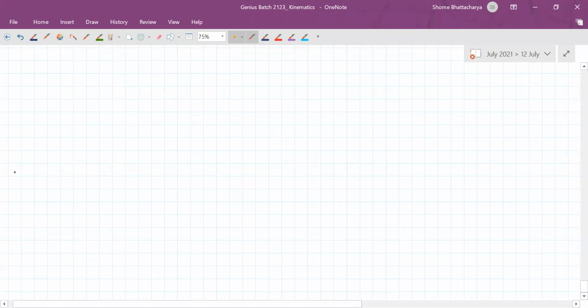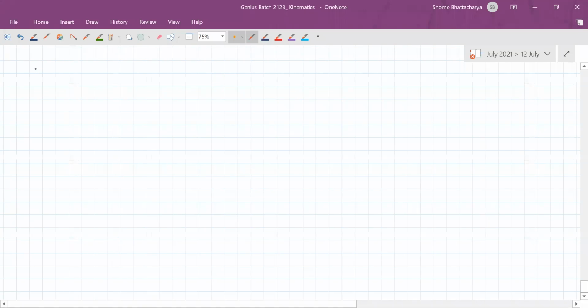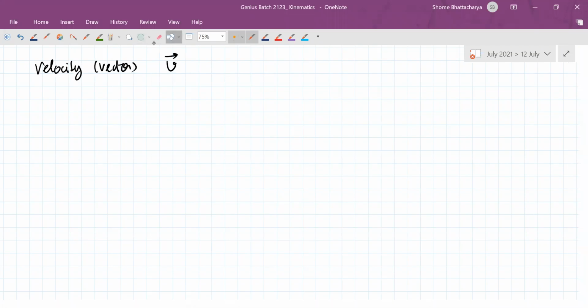Now next we come to the definition of velocity, and this is also a vector quantity. So we'll denote it with the symbol V. Like we had defined rate of change earlier as two types, instantaneous and average, similarly, velocity, two types we'll say.